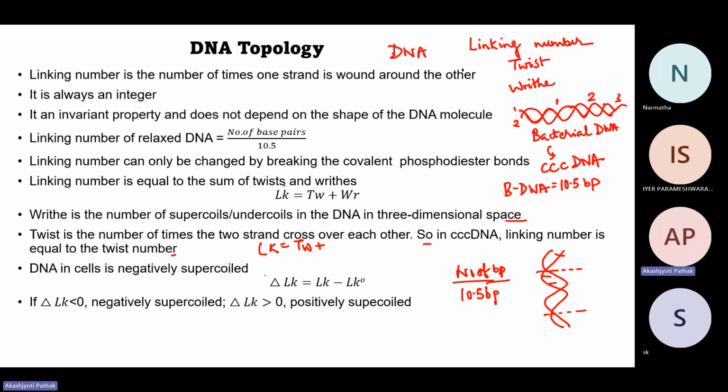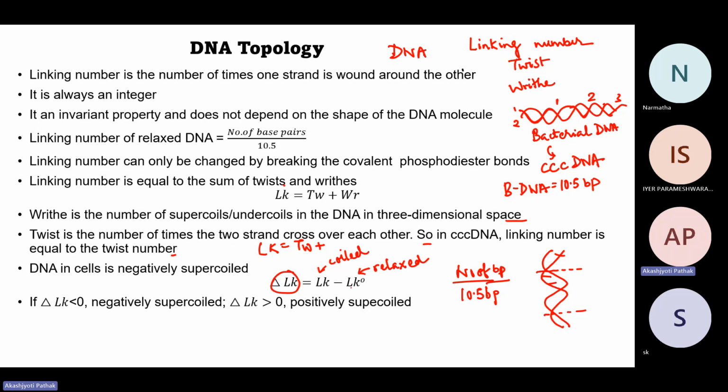And how do you say that the DNA is negatively supercoiled or positively supercoiled? By this term, del Lk. Del Lk is the difference between the linking number present in a coiled DNA and the linking number present in the relaxed DNA.